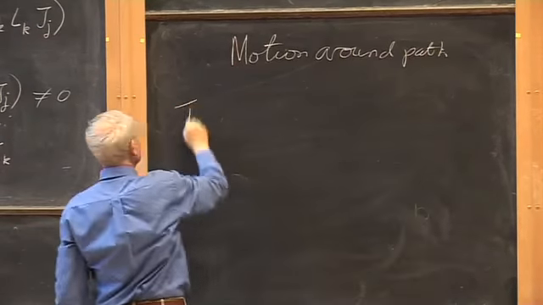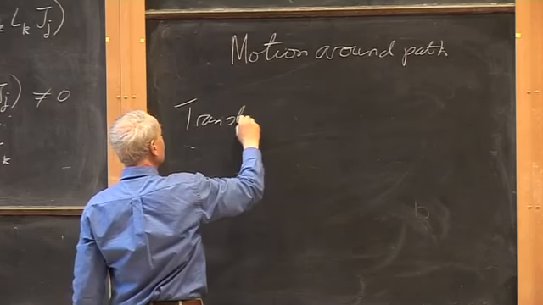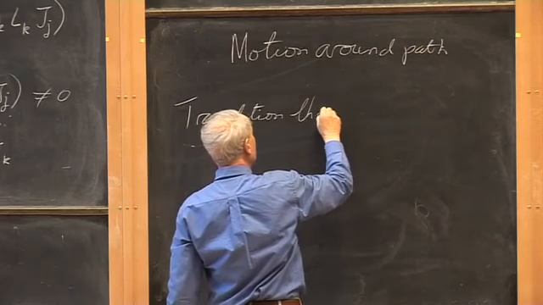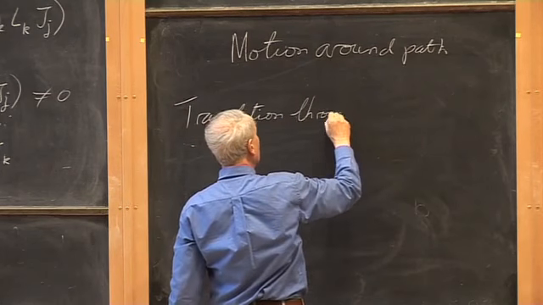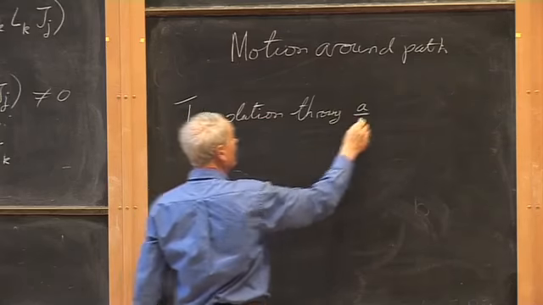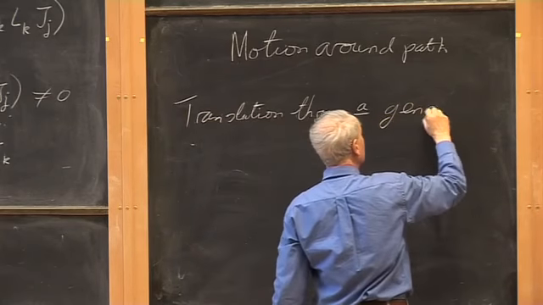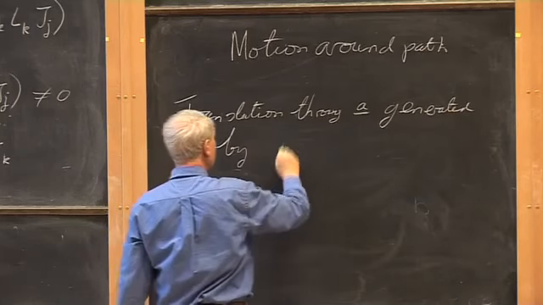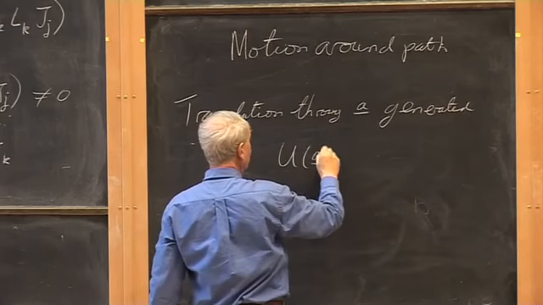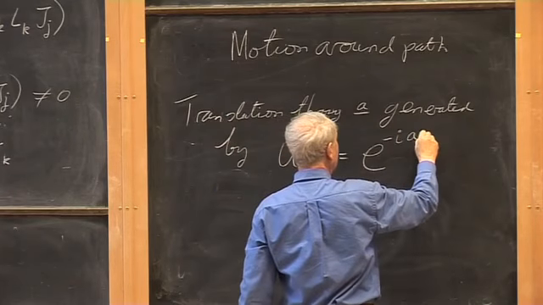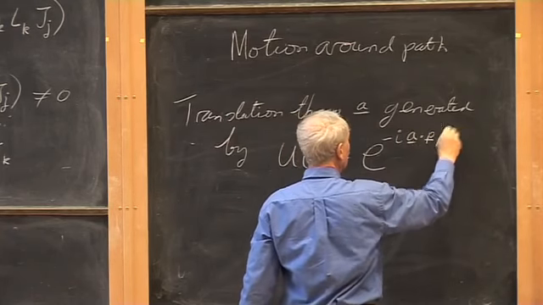So if we just have a translation, we've already studied translations last term, through one displacement, A, that's generated by the unitary operator, which we called U of A, which is e to the minus i A dot P on h bar.